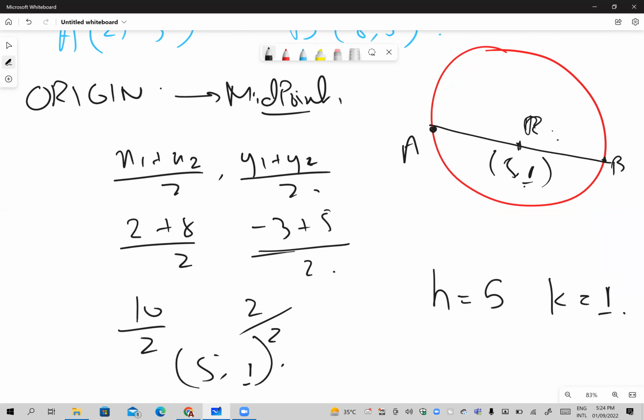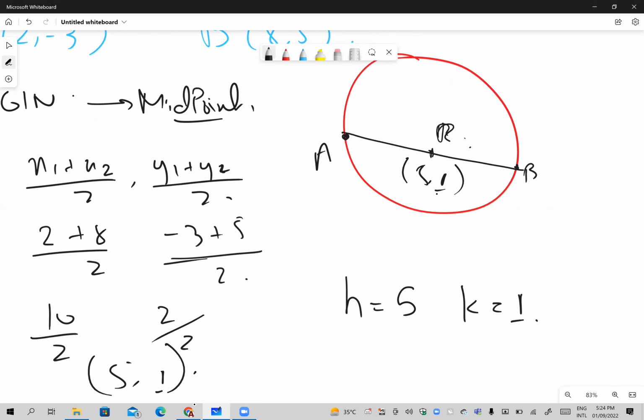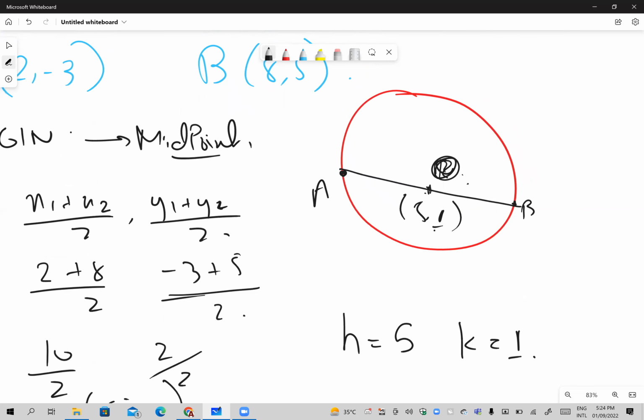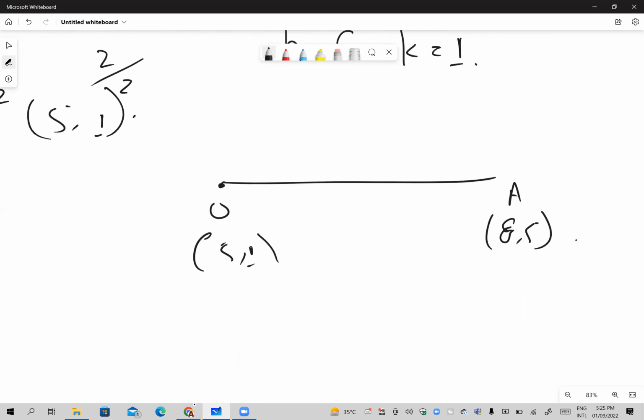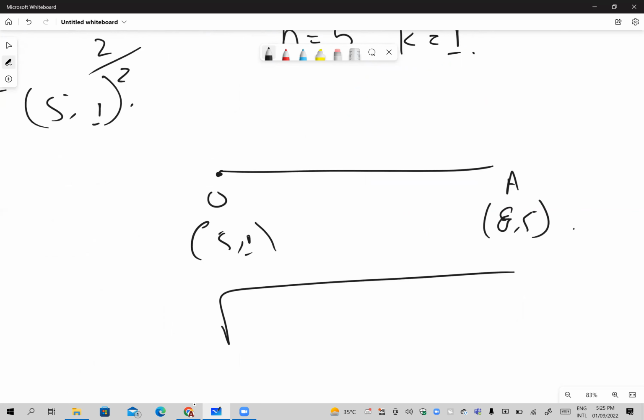Now we need to figure out the radius. Remember, radius is the distance between point A and the origin O, and point O and B. So let's select any two points, 8, 5 and 5, 1. So this is O and this is A. O is 5, 1 and this is 8, 5. Let's figure out the distance between these two points using the distance formula: square root of (x2 minus x1) whole square plus (y2 minus y1) whole square.